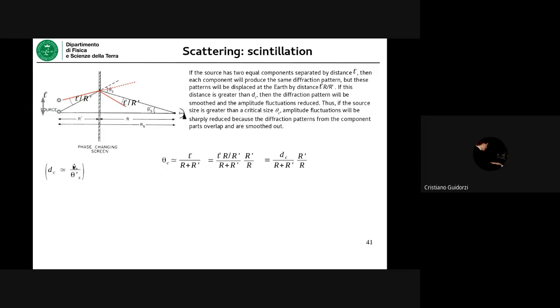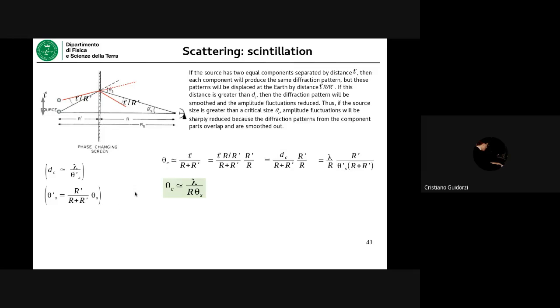But dc, we already found, is lambda over theta s prime. Replacing dc, and using a relation we already obtained, all this is 1 over theta s.